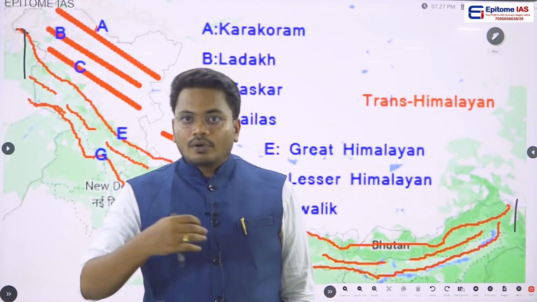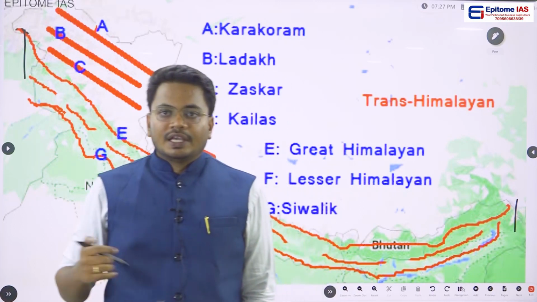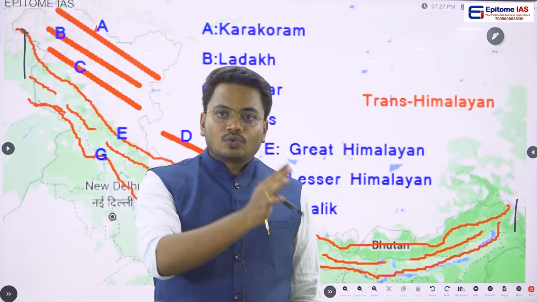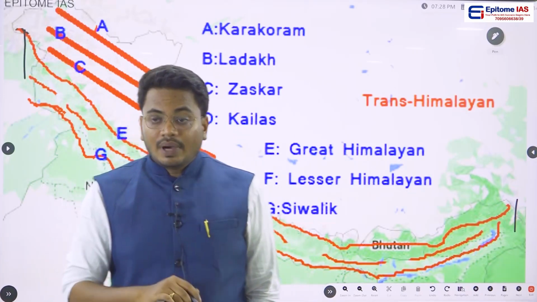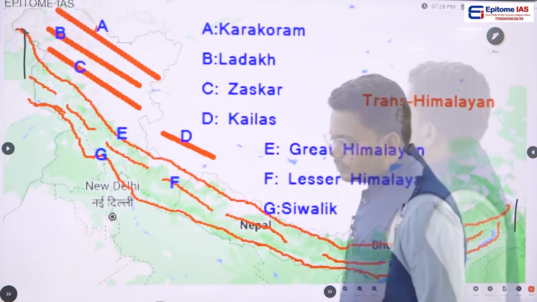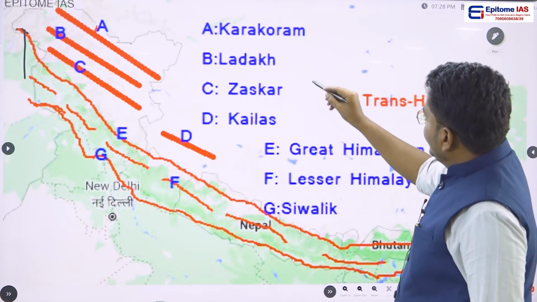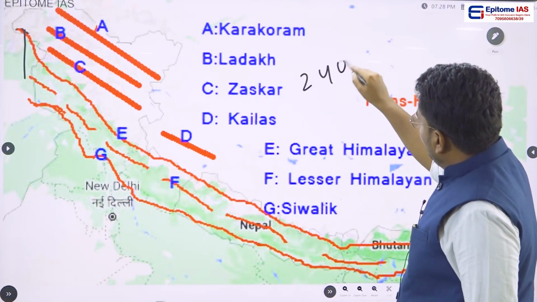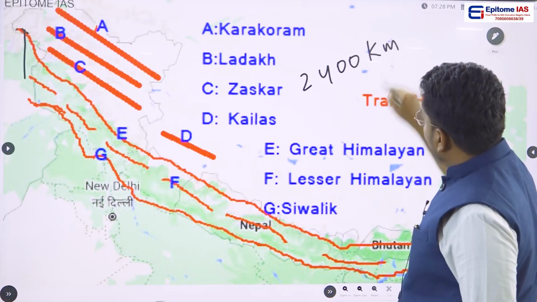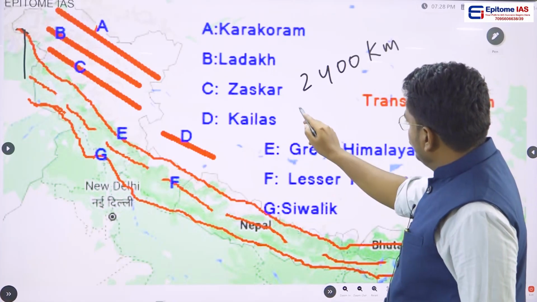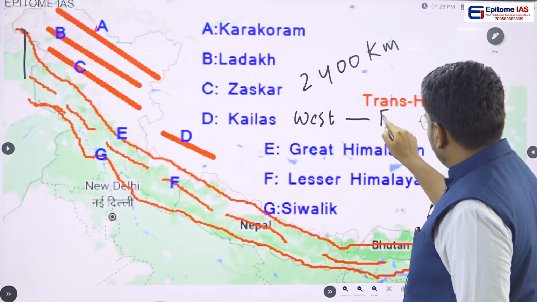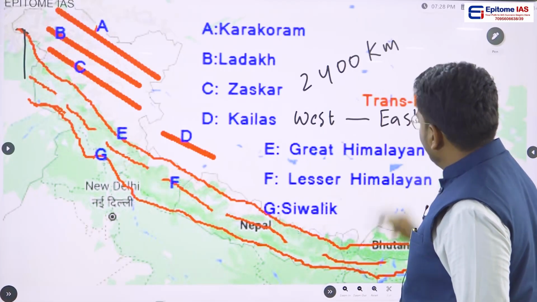Now, if you see the overall distribution of these Himalayan mountains from west towards the east, they cover a length of 2,400 kilometers, right, from west to east of India.